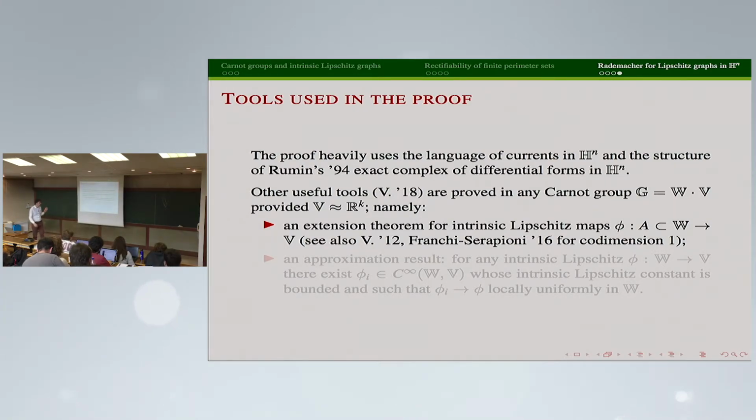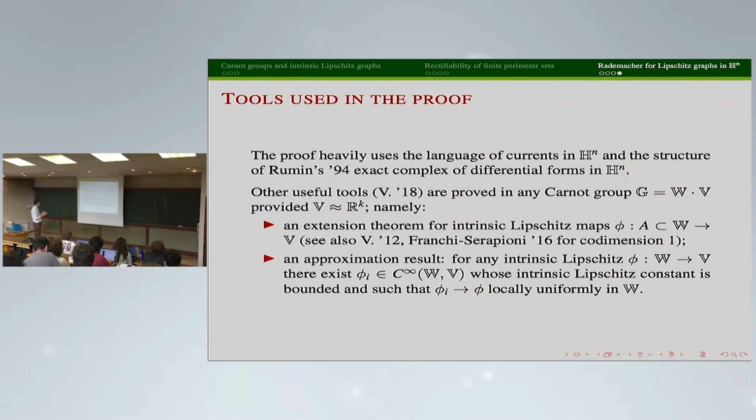But this is true. Possibly you lose something, so the Lipschitz constant has to increase, but this is not a problem. This was already known in the case of codimension 1 graphs, so when V is R. I proved it a few years ago, and then later Franchi and Serapioni were able to give a different proof.